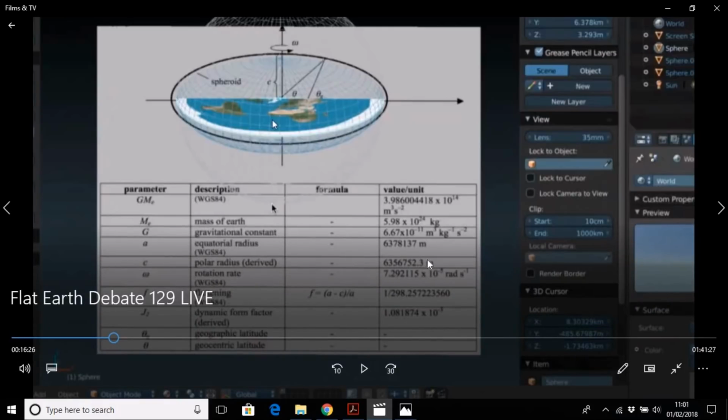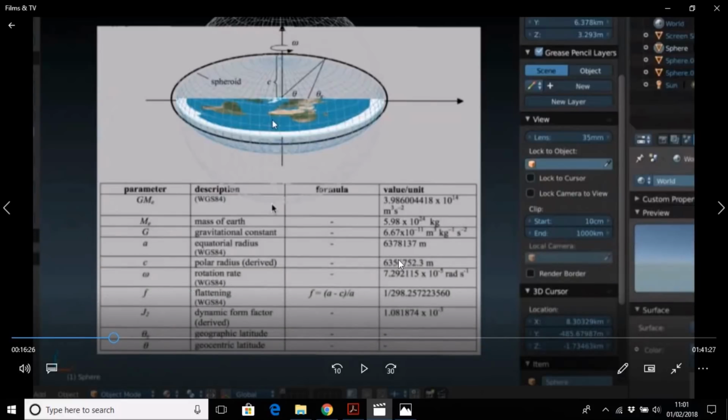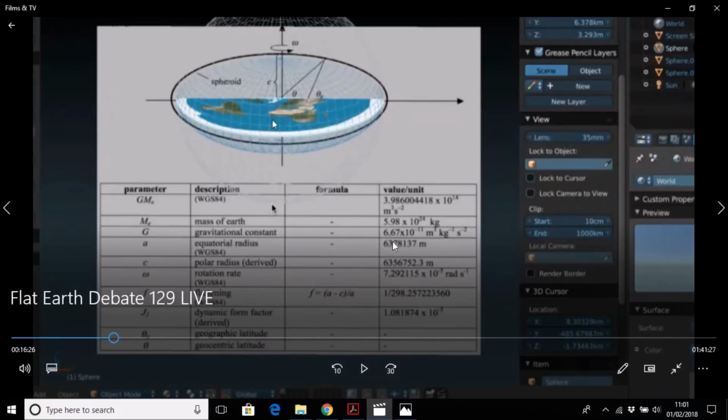I mean, the information is here on the screen for you. It has an equatorial radius of 6,378 kilometers. It has a polar radius of 6,356 kilometers. So that's enough. Okay, that tells you any shape that has those two radii.